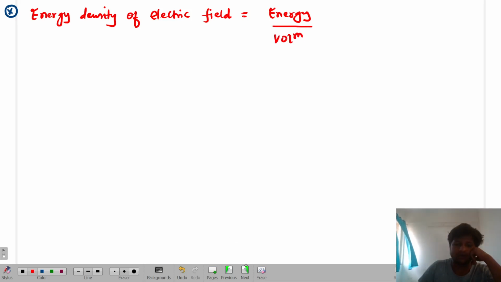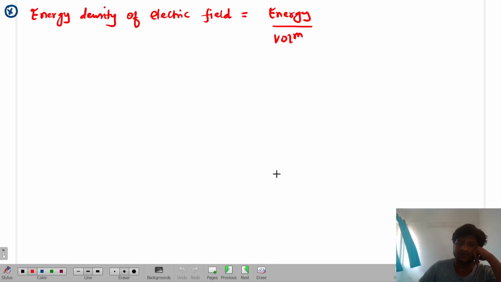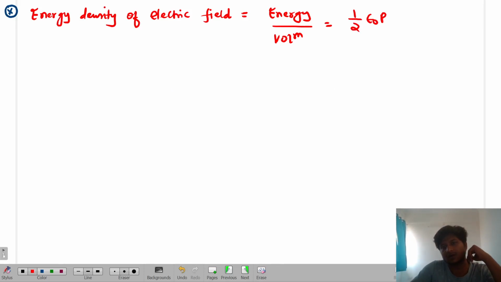You see that our potential energy, self energy is getting distributed, isn't it? So this is energy per unit volume. It is given as 1 by 2 epsilon naught E square. So energy per unit volume in the electric field is 1 by 2 epsilon naught E square. Are you able to get me?